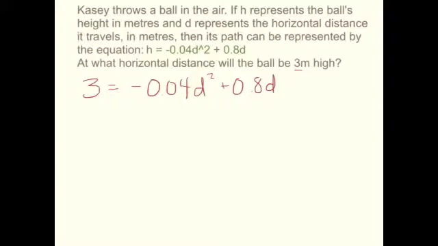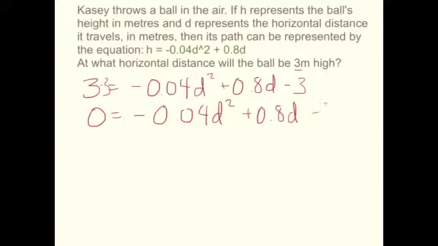The only thing I've got to watch is that right before I do it, I'm going to rearrange it so that I've got it equal to 0. On both sides, I'm going to subtract 3. Minus 3, minus 3. So I'll have 0 equals negative 0.04 d squared plus 0.8 d minus 3.